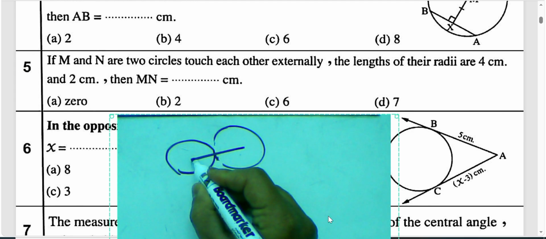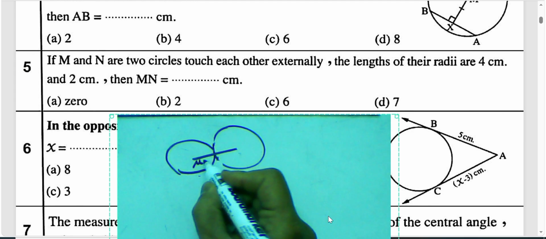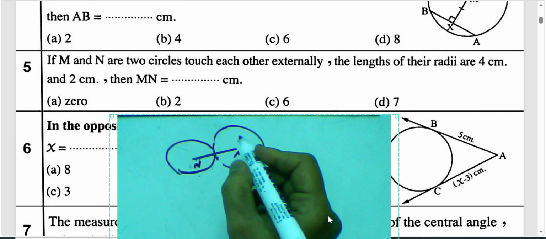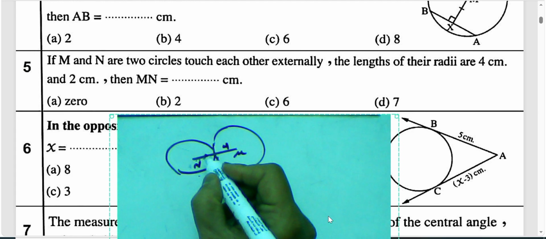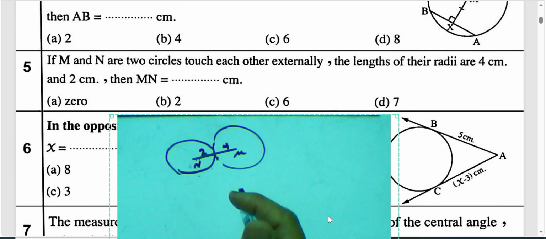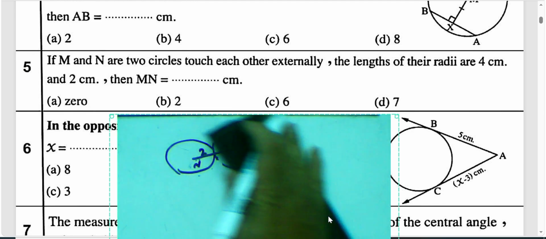We add the length of radius 1 and radius 2 to find the length between M and N. We have radii 4 and 2 centimeters, and the distance between M and N will be 6 centimeters because they are touching externally. Choose letter C.